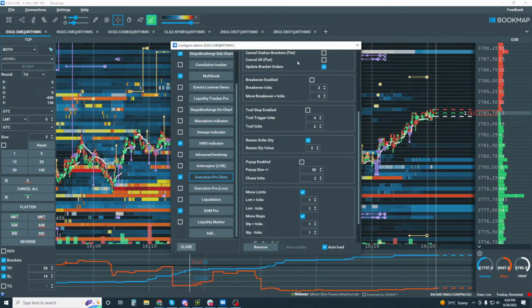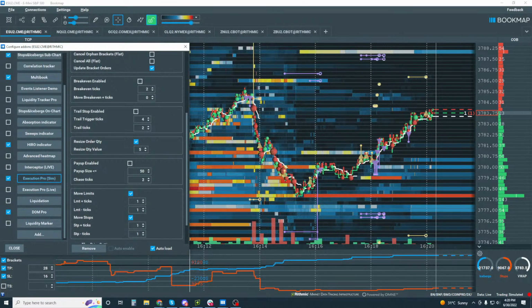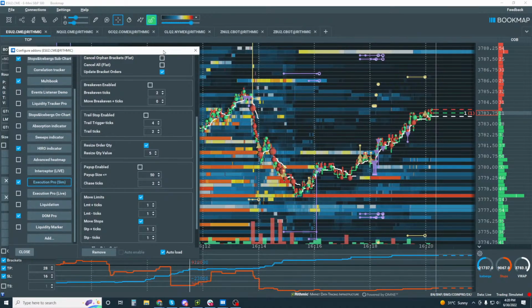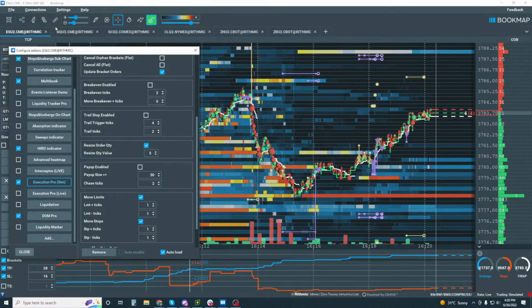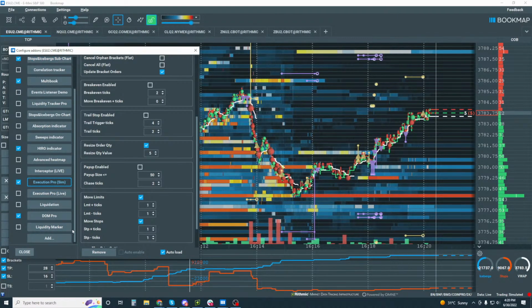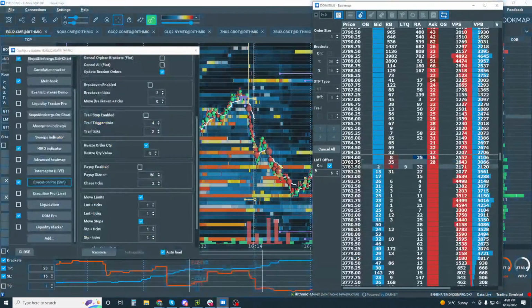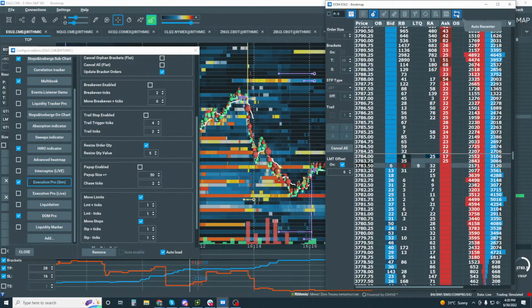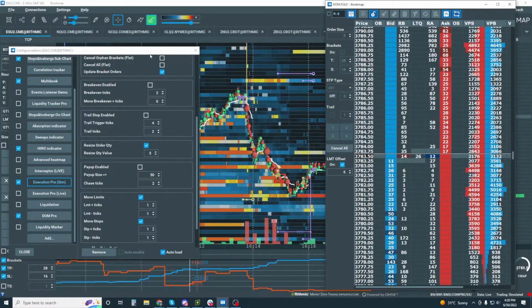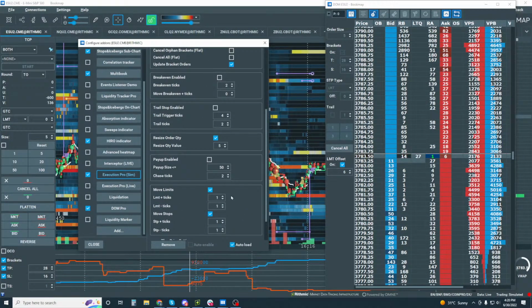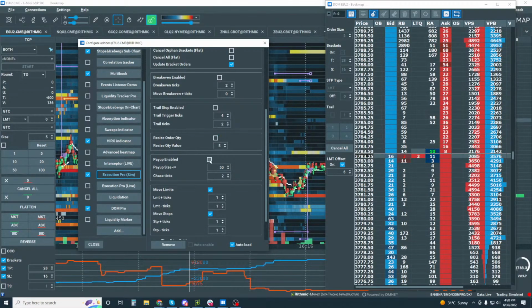All right, so pay up here. This one's really interesting. We'll have to use the DOM for this one. Let's add the DOM, ES, on top. Let's disable this one, enable pay up.